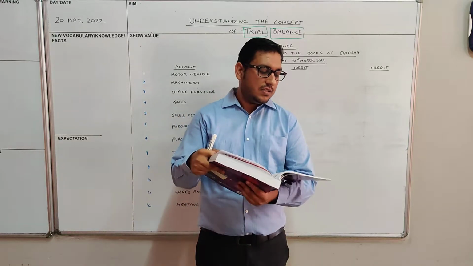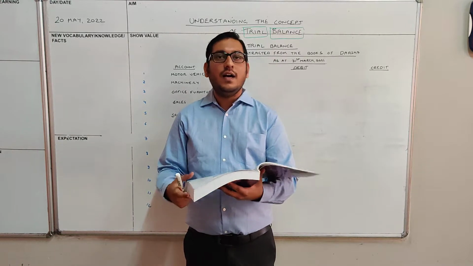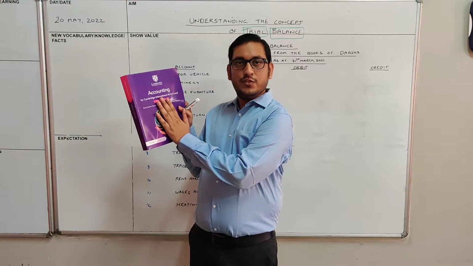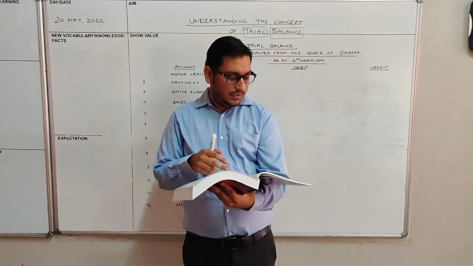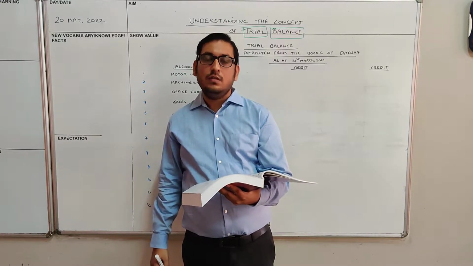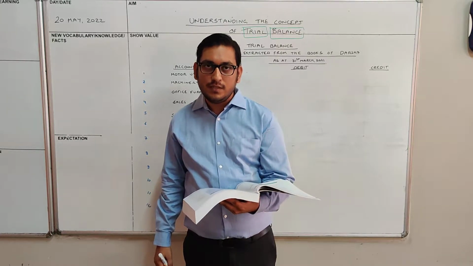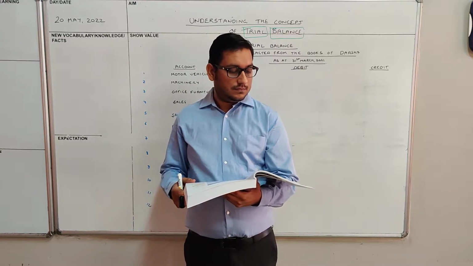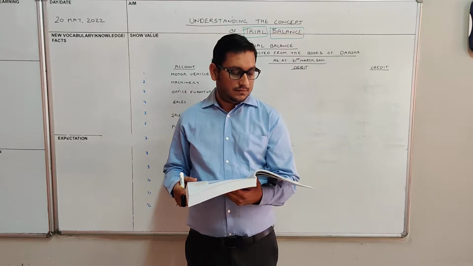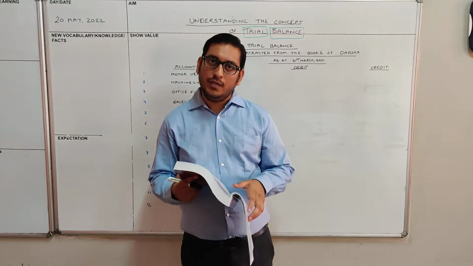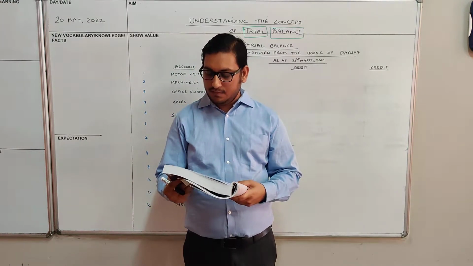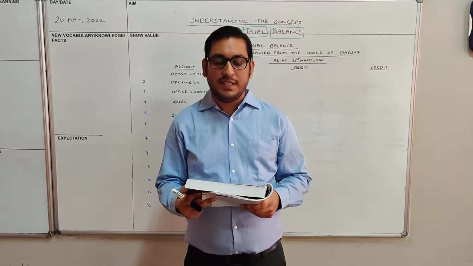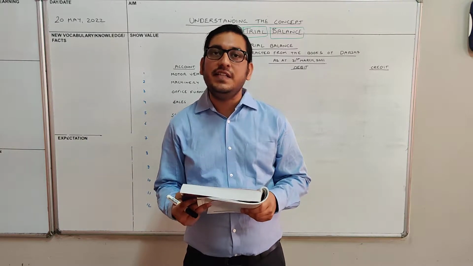Now we shall start with worked example number 1. I request you all to please take out your accounting book and open worked example number 1 on page number 64. Now come to page number 65, where it is written continued.